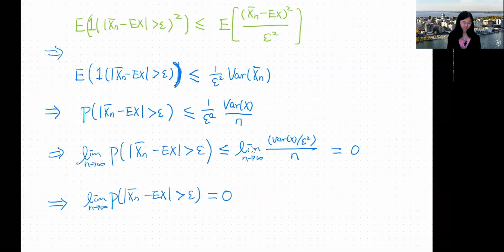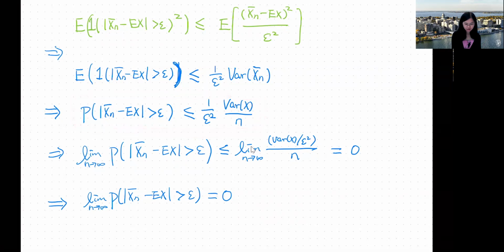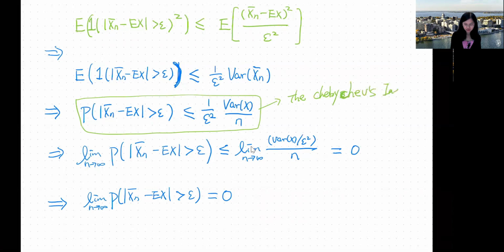All right. So that is a simple proof of the simplest kind of law of large numbers. And I want to point out that I didn't give this formula a name. We derived this formula, but it is actually called Chebyshev's inequality.